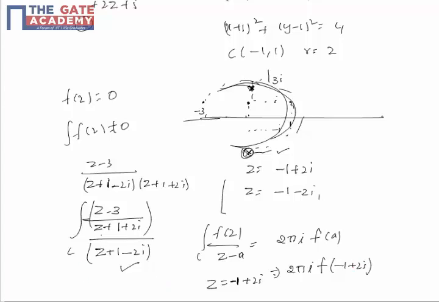So it will be 2 pi i into (minus 1 plus 2i minus 3) divided by (minus 1 plus 2i plus 1 plus 2i). If you simplify the value of this, it will be equal to pi times (minus 2 plus i). So this value is present in option C. So the answer is option C.